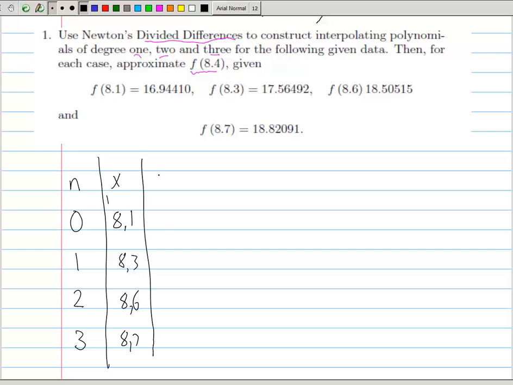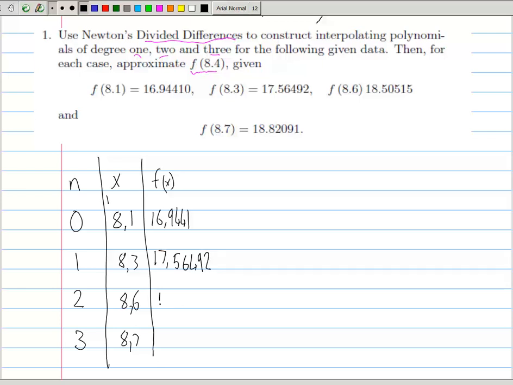Then we have our f of x. These are quite long numbers, so I'm going to try to fit it in. Let's go 16.9441. I'm going to omit the truncated 0. Next term we have 17.56492.